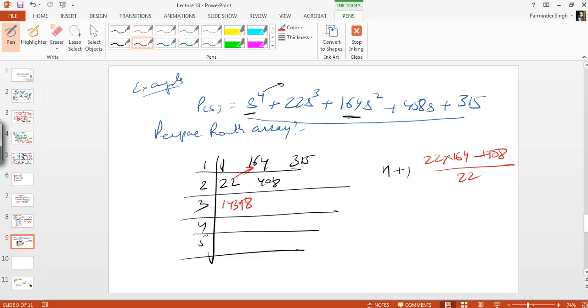Second entry. So we're going to multiply 22 with 305, subtract 408, and then we can write down the next one. So the next comes out to be 315. Fourth. Now for fourth, this number which we have 143 gets multiplied by 408, 1 gets multiplied by 315 and divide by 143.18.